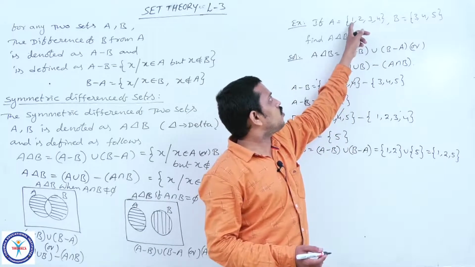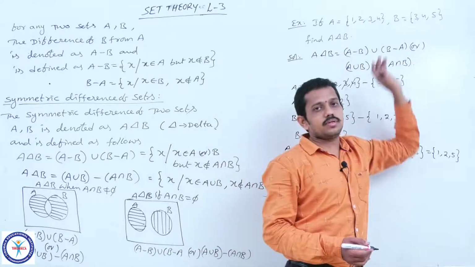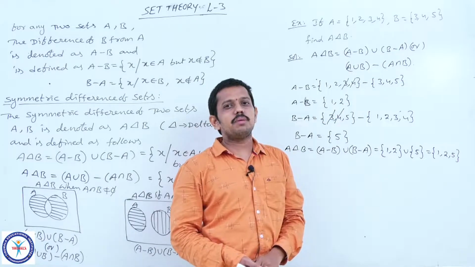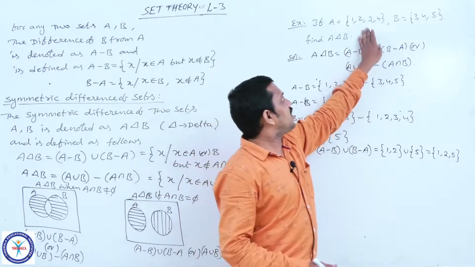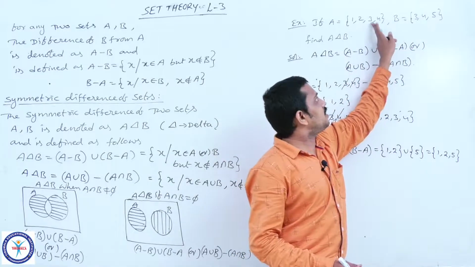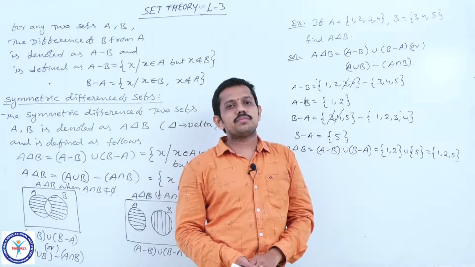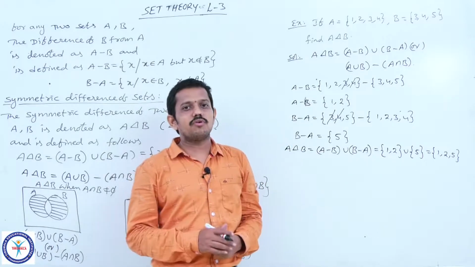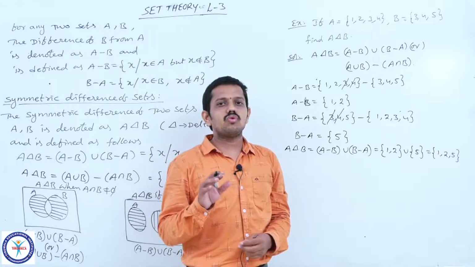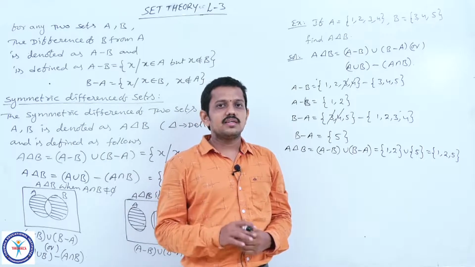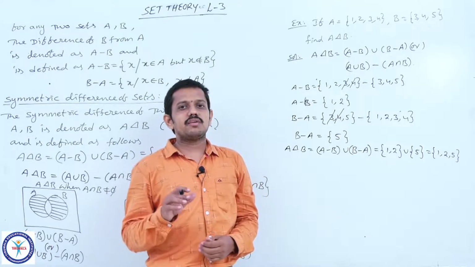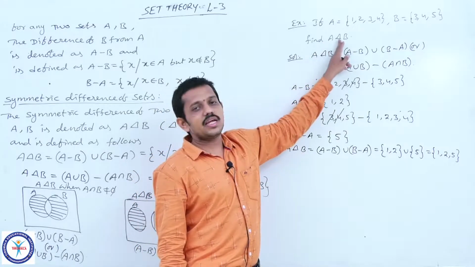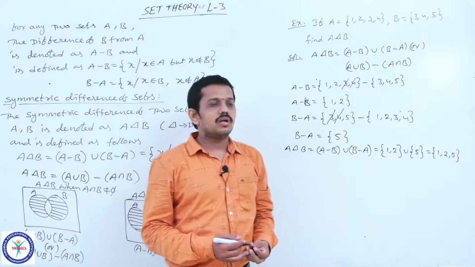So A union B is equal to {1, 2, 3, 4, 5} minus A intersection B. A intersection B means common elements. What are the common elements? 3 and 4. Now from A union B, we eliminate the common elements 3 and 4. Then we are left with 1, 2, 5 as the resulting elements. Therefore the set {1, 2, 5} is the required set for A delta B.